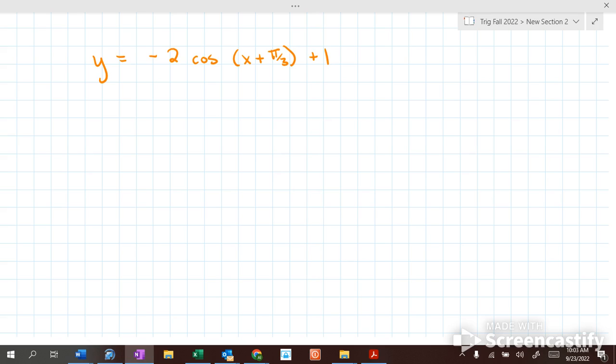Now, reading this, we got a pi over 3 involved. A pi over 3 is 1/3 of pi. So whatever you make pi, it needs to be something that you can take 1/3 of on your graph paper. And then plus pi over 3 moves it which direction?